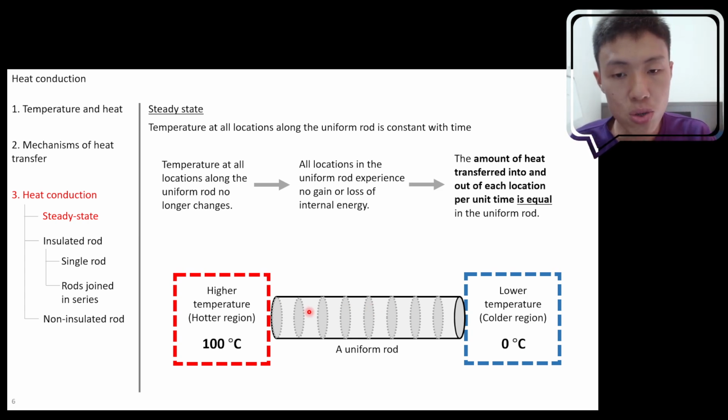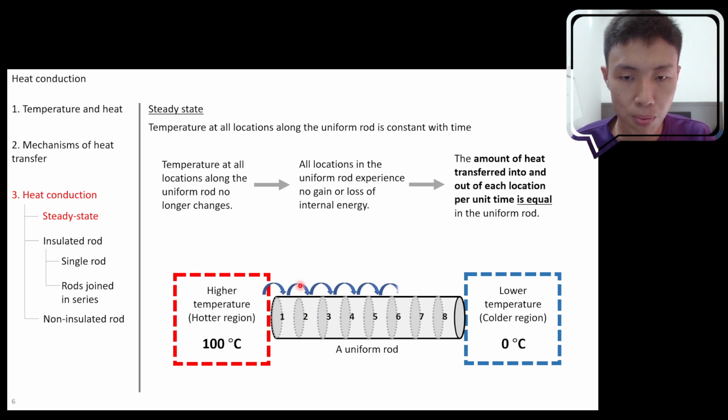If the internal energy over here is not increasing or decreasing, that means the heat that comes from 1 and enters 2 will need to go to 3 as well.